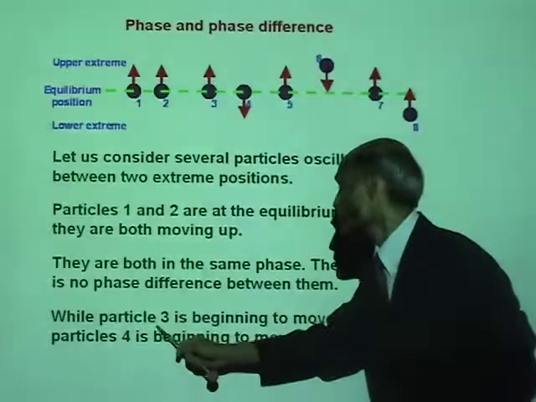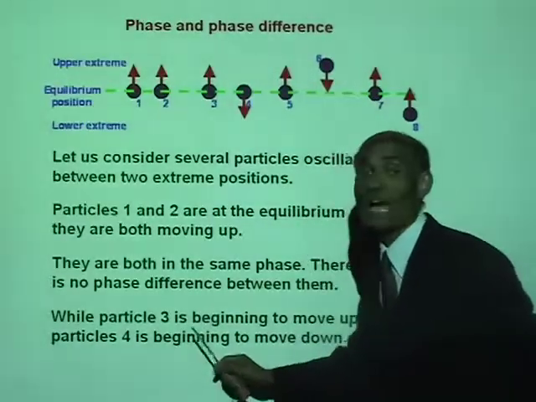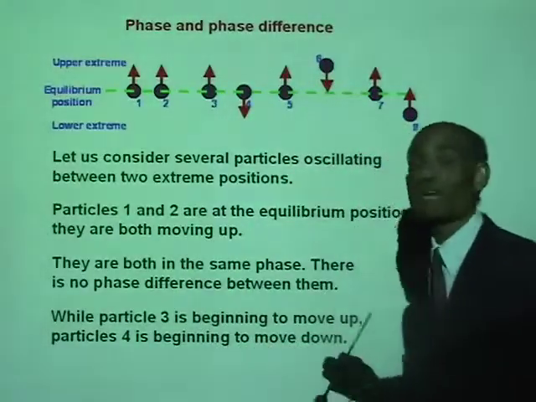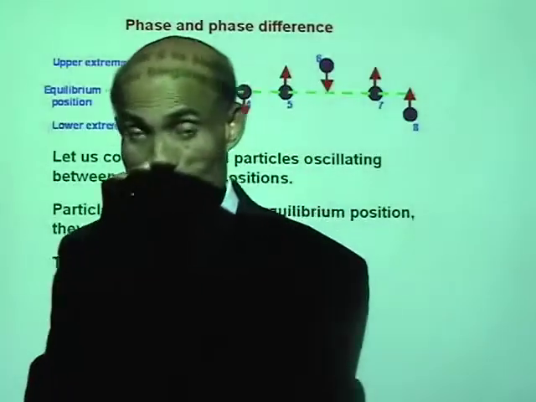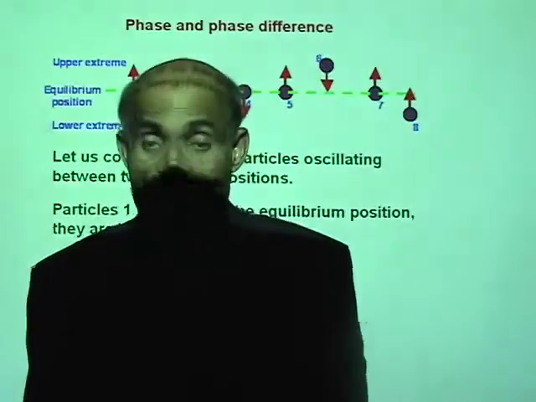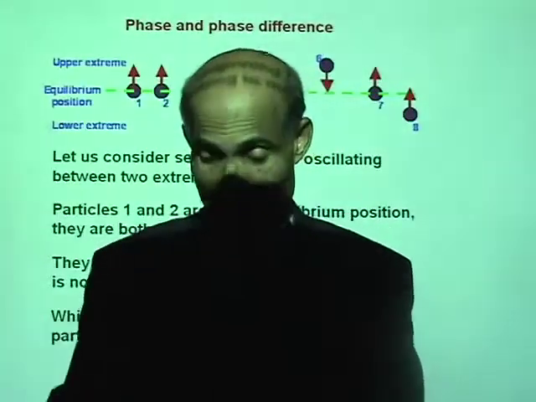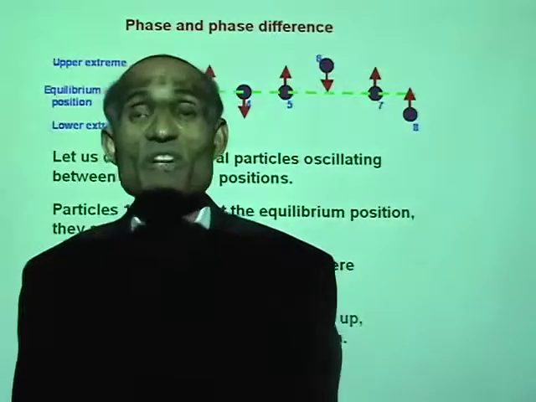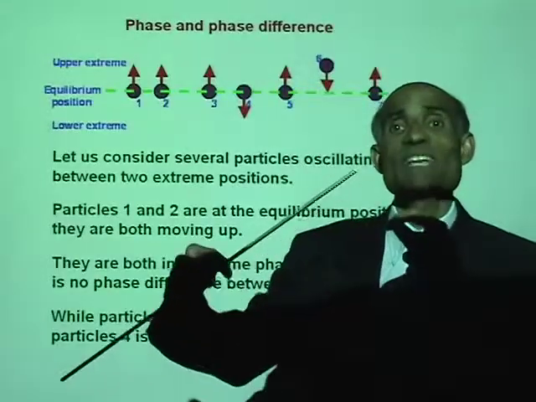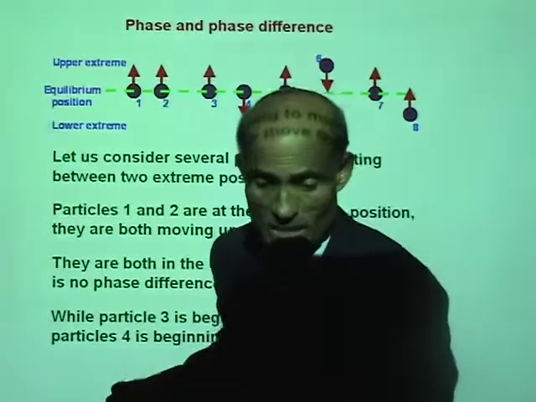So while particle 3 is beginning to move up, particle 4 has completed half a vibration and is beginning to move down. Can you tell me what is the phase difference? We say there is a phase difference of half a period. What is the meaning? Means particle 4 is half a period ahead of particle 3. That is the meaning there.